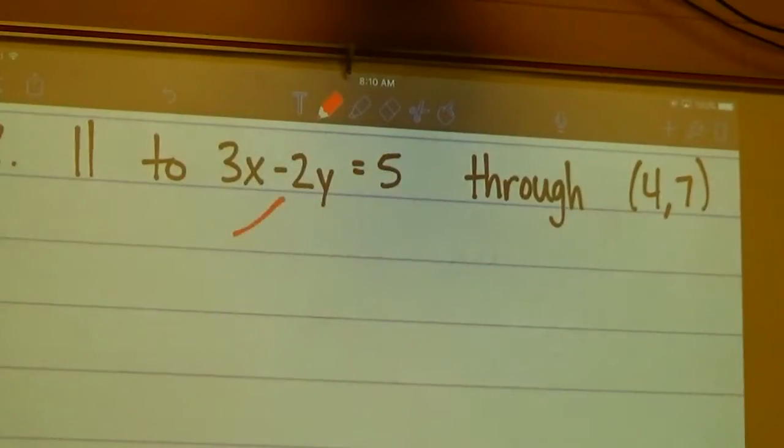So if I'm going to solve this, I'm going to subtract 3x from both sides, so I have negative 2y equals negative 3x plus 5.